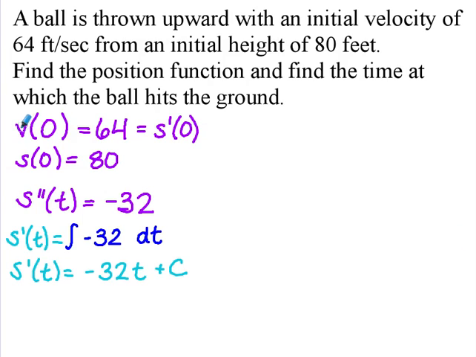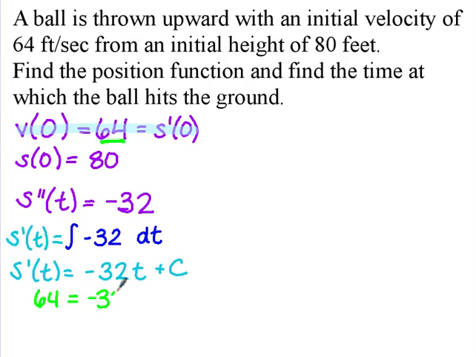Let's go ahead and utilize this bit of information right here now. Okay, so in place of t, what am I going to plug in? 0. So in place of t, I'm going to plug 0. And in place of the s prime of t, I'm going to put 64.